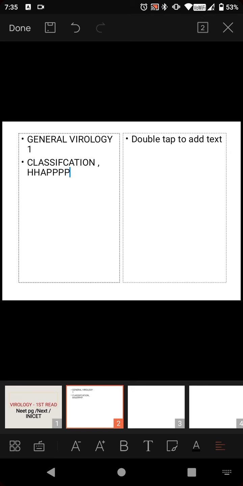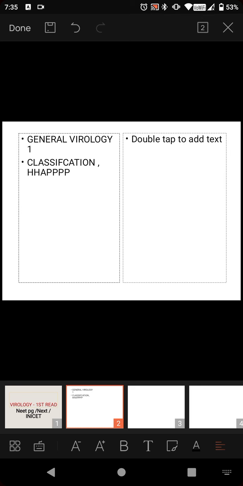Other viruses like Epstein-Barr virus and cytomegalovirus all come under herpes only. And hepatitis B virus is hepadnaviridae, and adenoviridae is adenovirus. That's it, we are done with the DNA viruses list now.